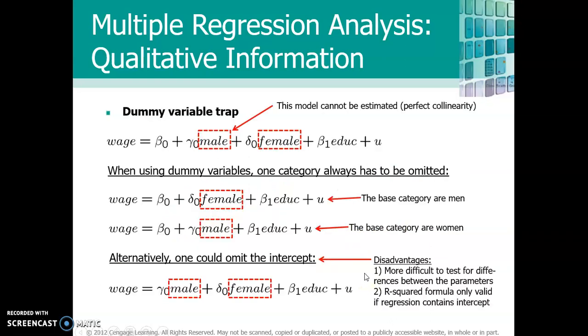All right, so now one thing that we have to be very careful of is that if we have a category of male and female, we cannot introduce both of them into the equation. If you introduce both male and female, you are going to fall into a dummy variable trap, and this will create perfect collinearity.